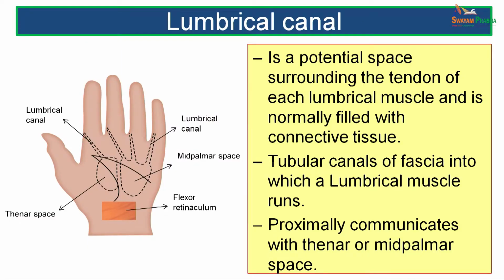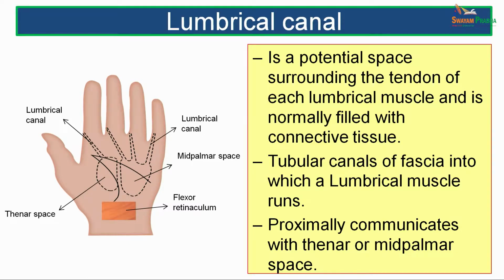Let us now see what the lumbrical canal is. The lumbrical canal is a potential space surrounding the tendon of each lumbrical muscle and is normally filled with connective tissue. It is nothing but a tubular canal of fascia through which a lumbrical muscle runs.